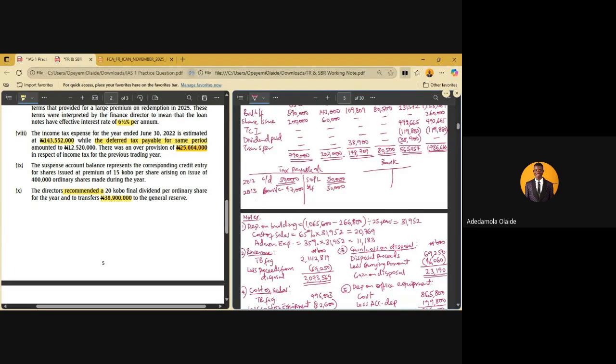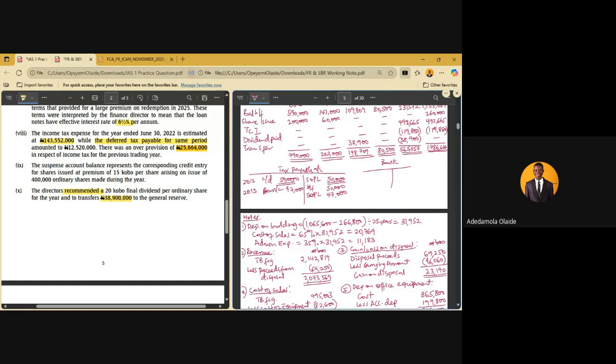Now, if our provision for the current year is supposed to be 50,000, because we already have an excess of 3,000 still left in this account, our SOPL should only be 47,000.